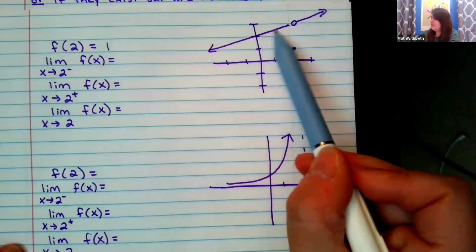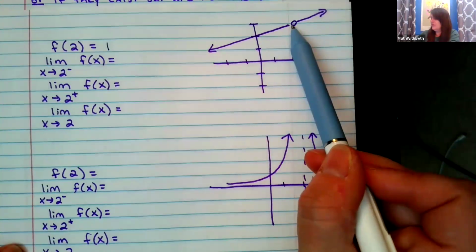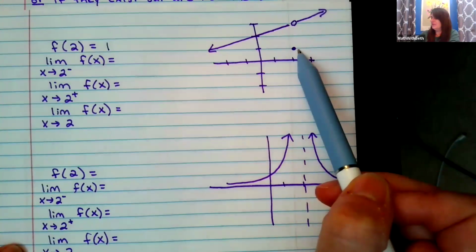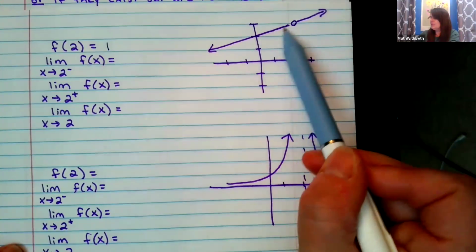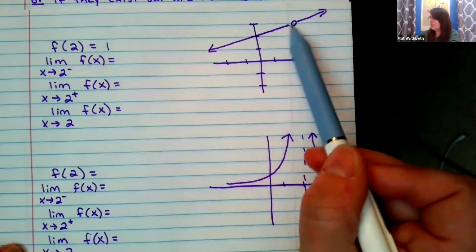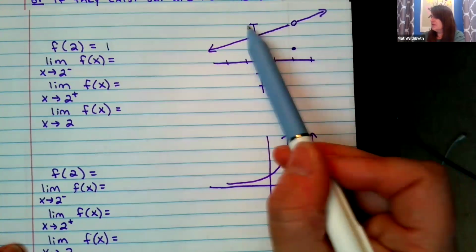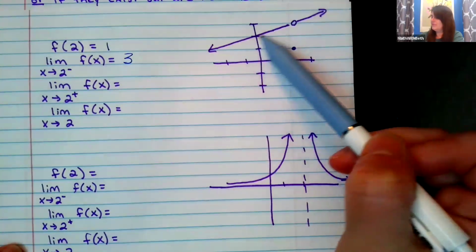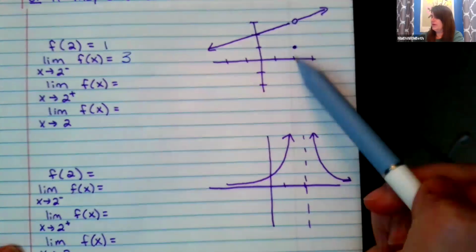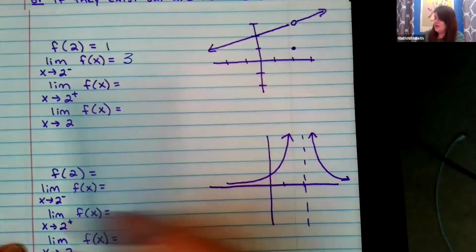So even though in real life, we know there's a hole here and it jumps down, if we just care about what number is being approached from the left, it is that open circle number, which is positive 3. So from the left, we are approaching 3 when we get to 2.